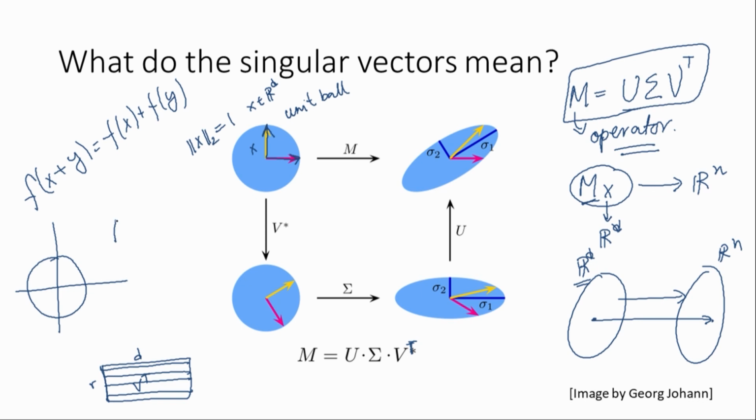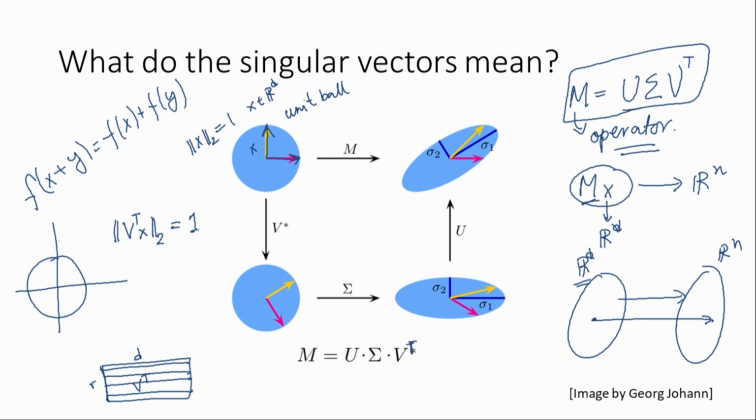What does that mean for the length of a vector? What is the norm of V transpose x if the norm of x is 1? The norm of V transpose x is 1.